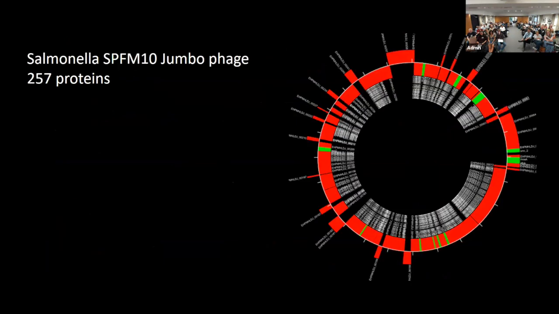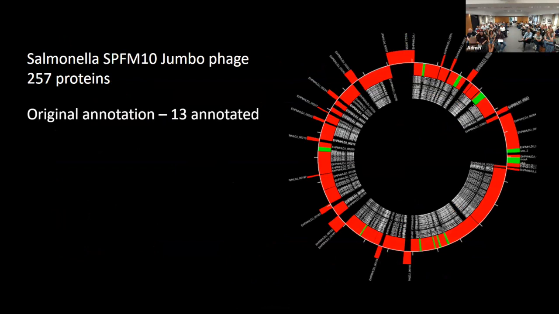Okay, can we use that again? Let's jump back to the Jumbo phage. There are 257 proteins. You can see the original annotation from several years ago: only 13 proteins had a functional annotation.